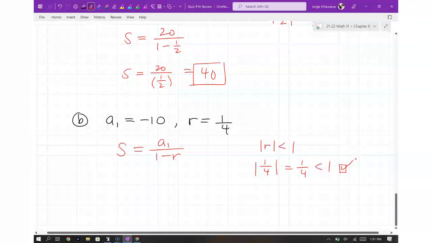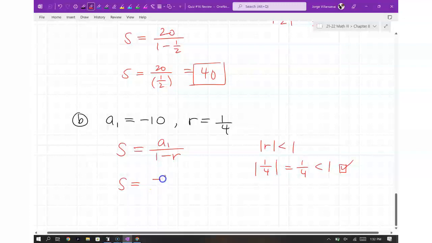I can plug my numbers into this formula. And again, for tomorrow's quiz, it should work for you guys, okay? Actually, wait. There might actually be one where there is no sum. Remember, the way you can tell if there's no sum is if the absolute value of r is not less than 1. You did some of those for homework, okay? So, but make sure you guys kind of write a little note for yourself. Like, make sure you check the absolute value of r, okay?